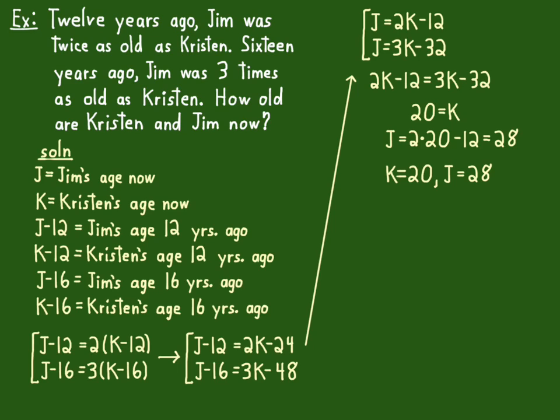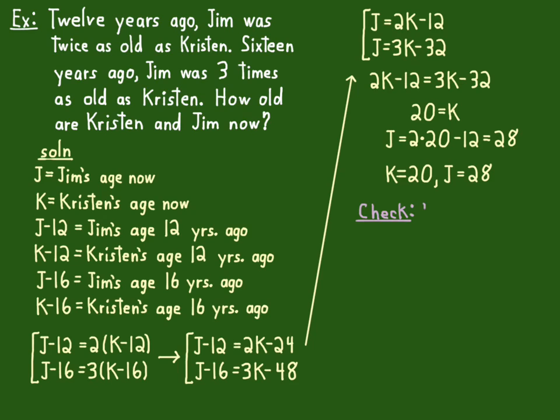So Jim was 16 and Kristen was 8, so Jim was twice as old as Kristen. Now 16 years ago, Jim was 12 and Kristen was 4. So Jim was 3 times as old as Kristen. So it checks out.